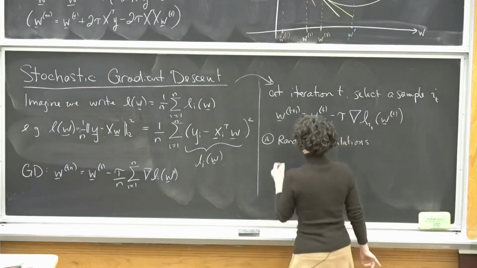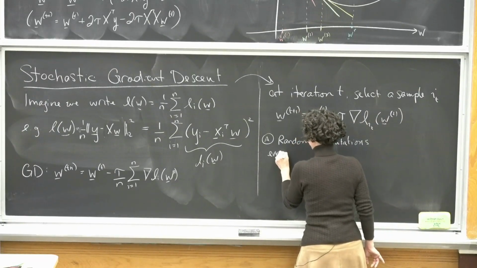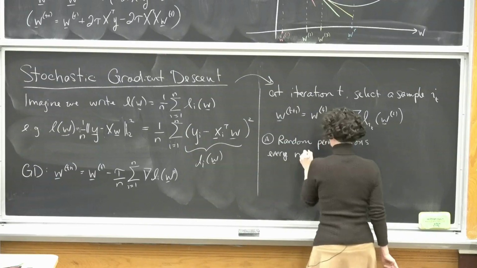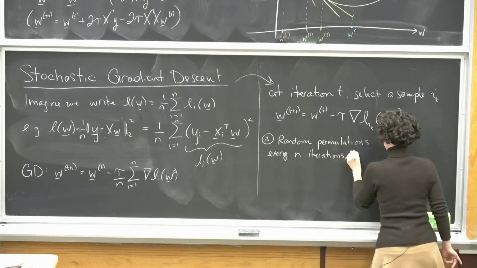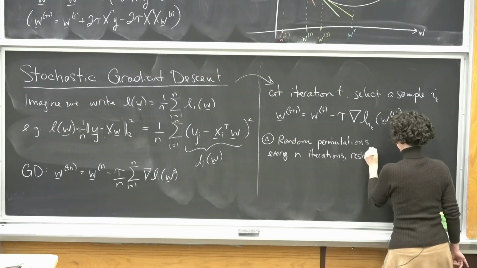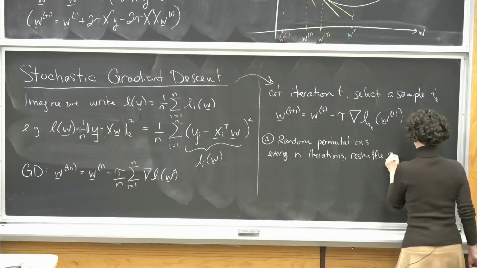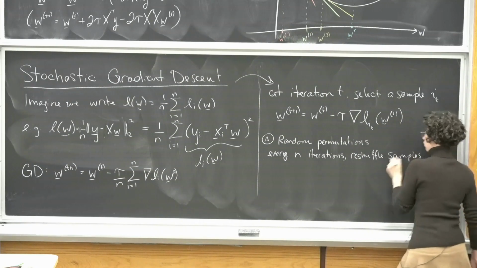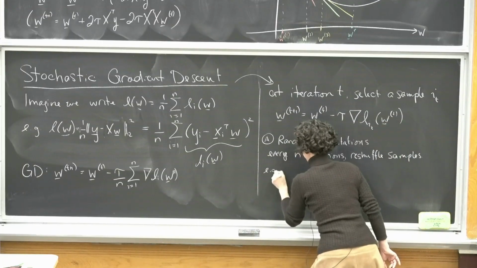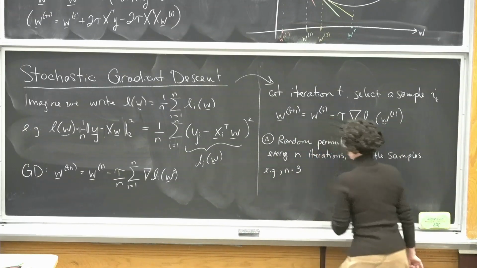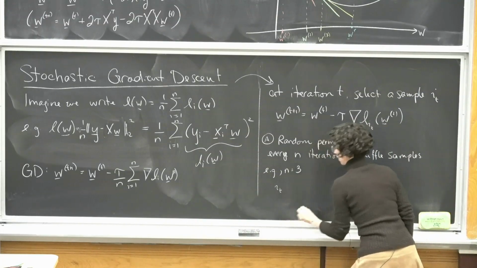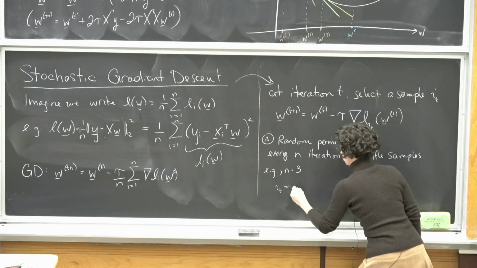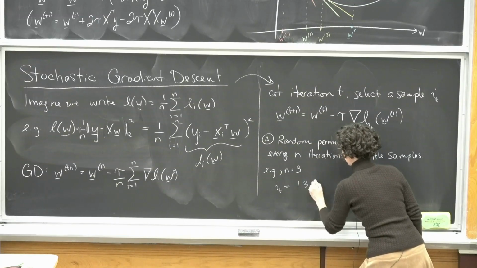And by this, what I mean is that every n iterations, I'm going to reshuffle my samples. So for instance, if n were equal to 3, so I've got 3 training samples, then my sequence of I_t might be equal to 1, 3, 2.